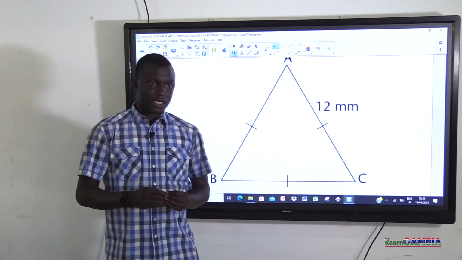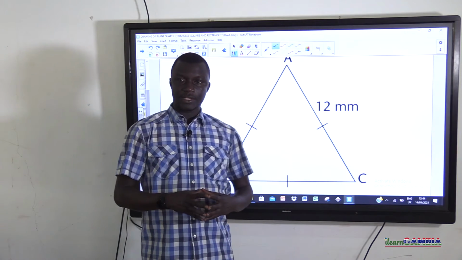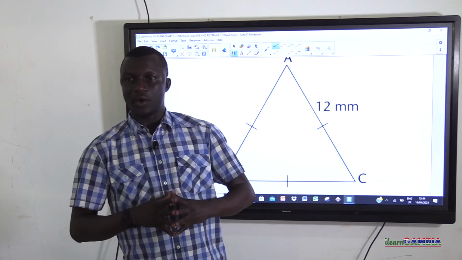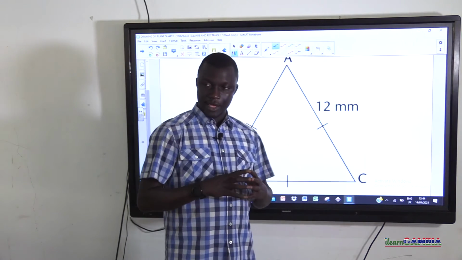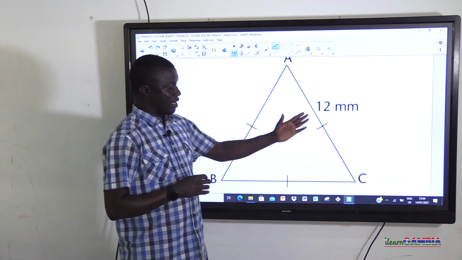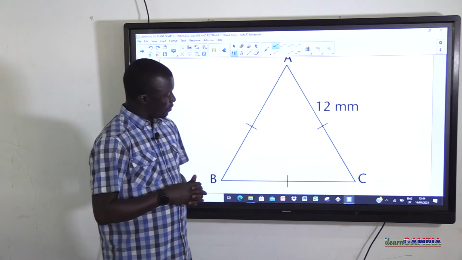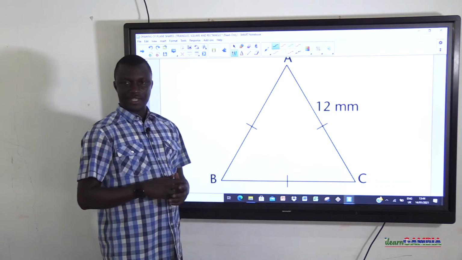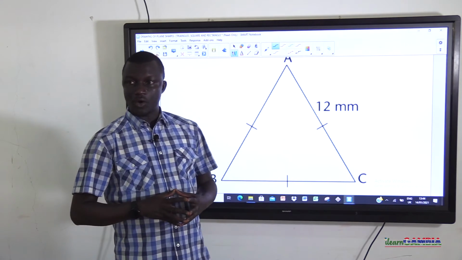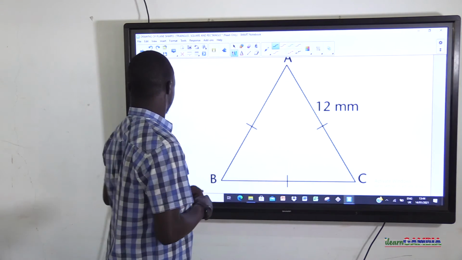And if all the three sides of a triangle are equal in length, we say it is an equilateral triangle. Equilateral sides are equal. So if AC is 12 millimeters, we can say BC is also 12 millimeters, and AB is 12 millimeters. They are all equal in length.